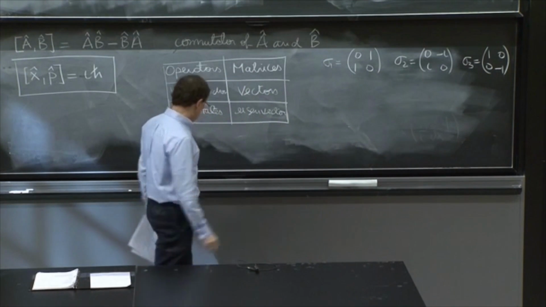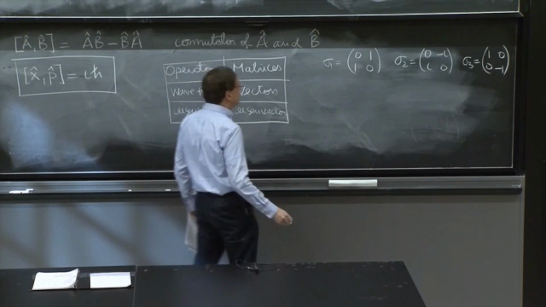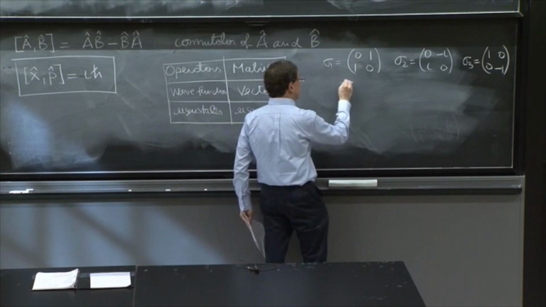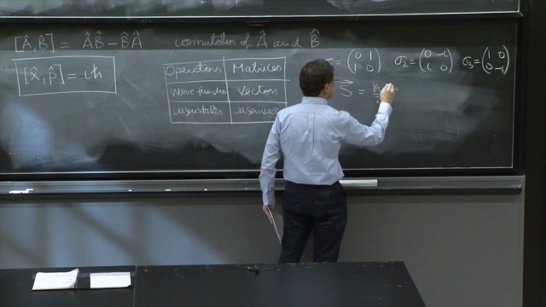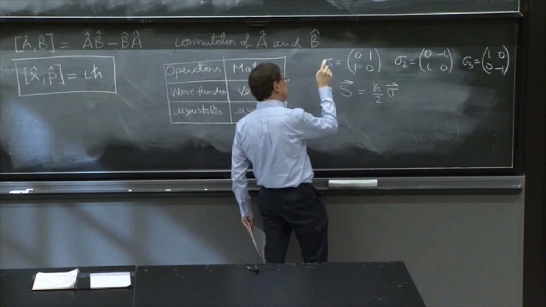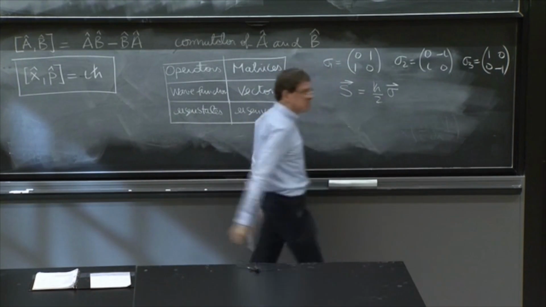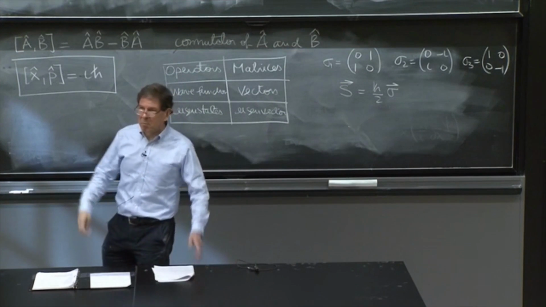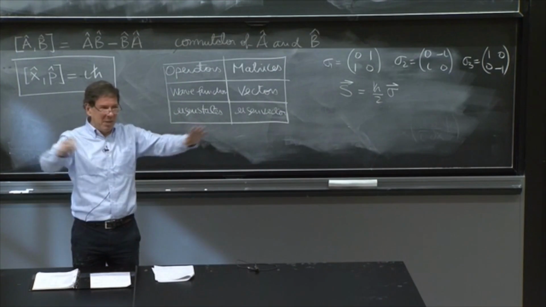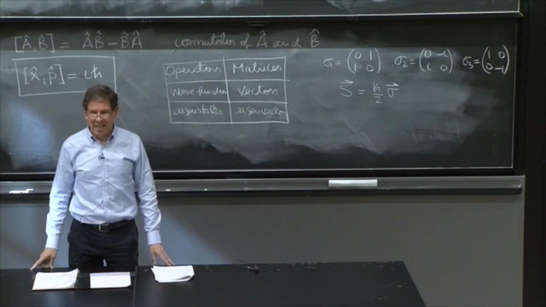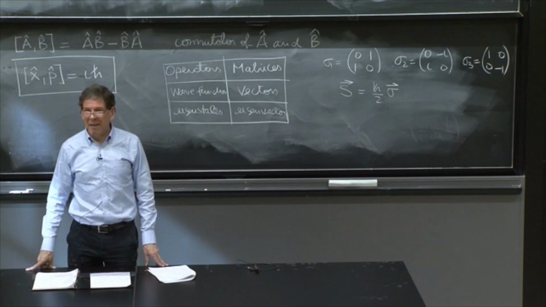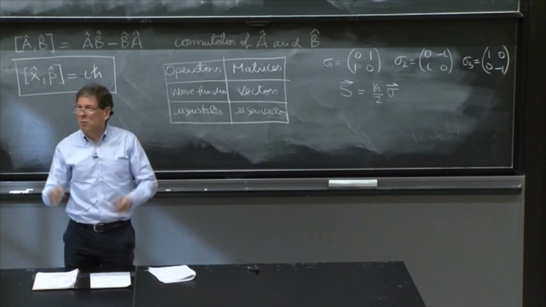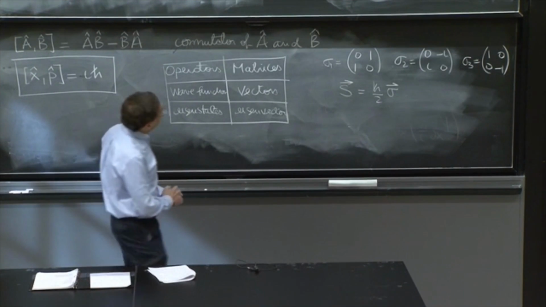And a preview of things to come, the spin operator is actually h bar over 2 sigma, if you think of sigmas having 3 components. That's where it is. Spins will be like that. We won't have to deal with spins this semester, but there it is. That's spin 1/2. Somehow these matrices encode spin 1/2.